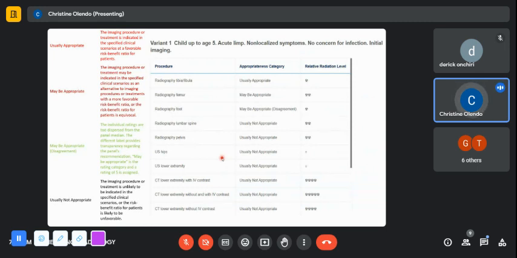They had 5 variants of children, from variant 1 with non-localized symptoms with no infection to localized with infection, and what would be the appropriate imaging to do first in such a case. So we have a key here.